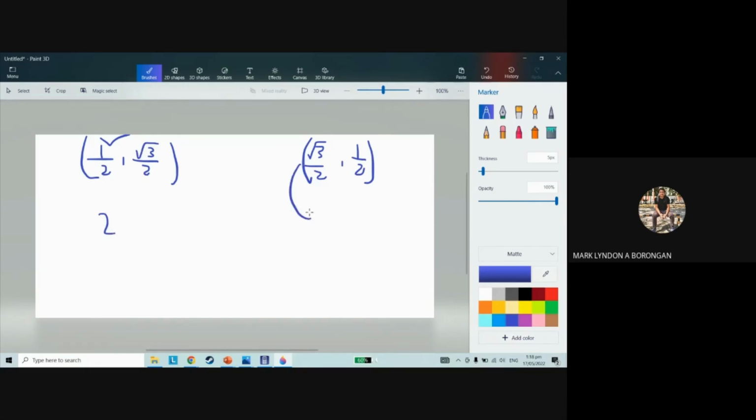But in this one, if we get the reciprocal, you'll have 2 over square root of 3. We multiply it by square root of 3 over 3 to rationalize it. So after multiplying, we get 2 square root of 3 over 3, right?